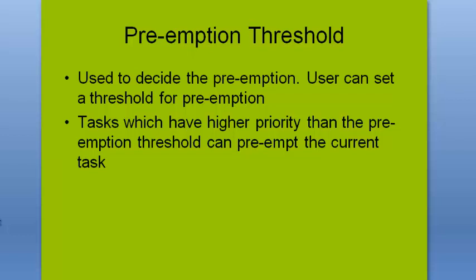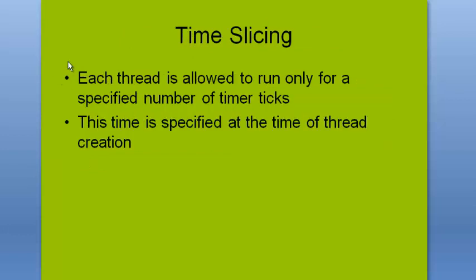But in some OS you can put a threshold, like let us say the preemption threshold is 6. So when priority 1 is running, 1 plus 6 is 7, so only a task with priority more than 7 can preempt this currently running task. So this is the preemption threshold. Some OS provide this function.